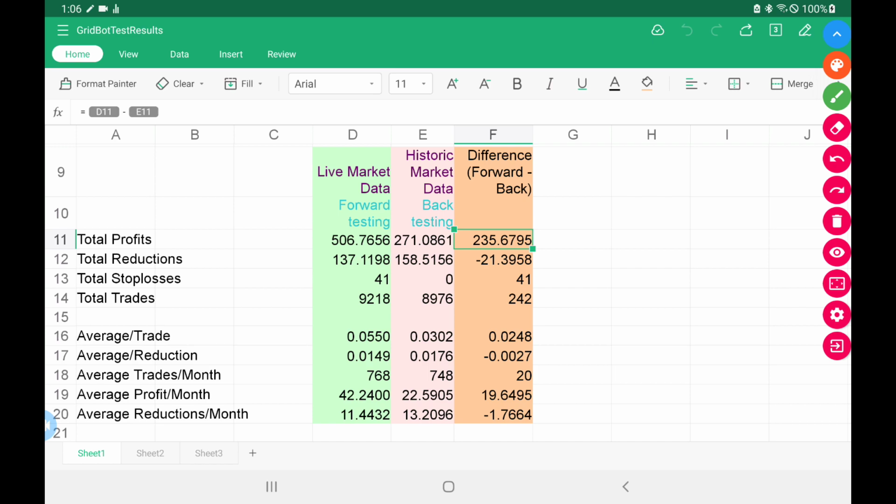I would have hoped that these numbers would be more within a statistical average of errors, but that's not the case here. The other thing that is concerning about backtesting is the fact that the backtest did not take any stop losses, but clearly the live market did. And of course, 242 trades is quite significant.